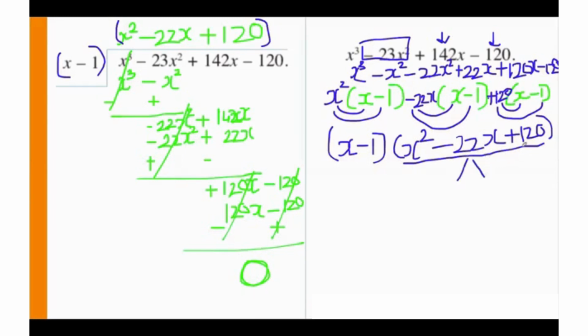So let's split the middle term. We need to look into the factors of 120 so that we get minus 22x in the middle. So which two factors of 120 will help us to get minus 22x?